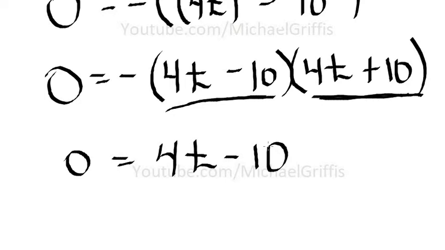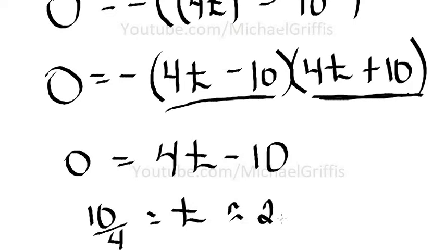We add 10 to both sides and multiply through by 1/4. So t is equal to 10 over 4, which is 2.5 seconds.